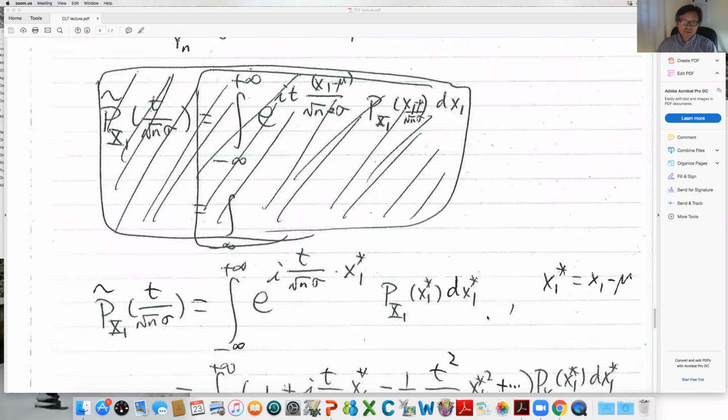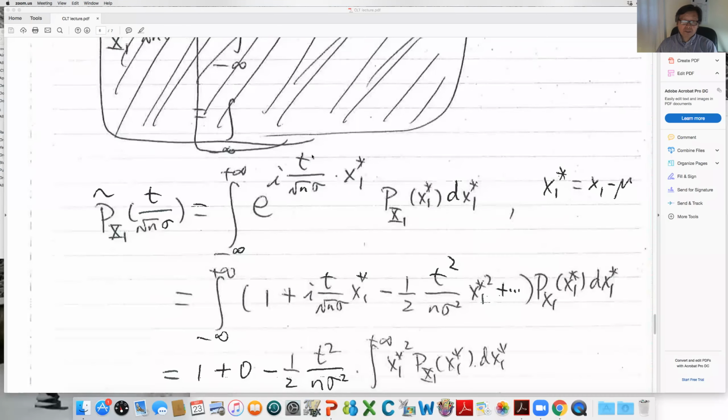Okay, so if you accept that, then the next step is I take a Taylor expansion of this exponential term into this form: 1 plus blah, blah, blah. And then what I find is the first term is just an integral of this probability. Because we already normalized everything, the integral of the probability gives me 1.